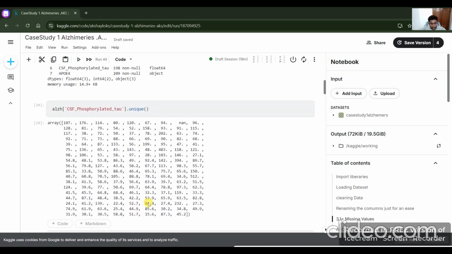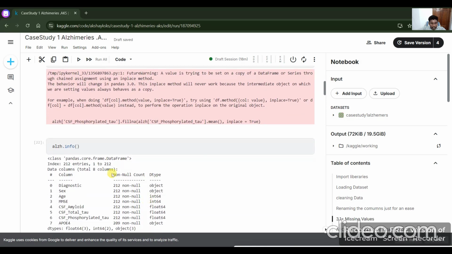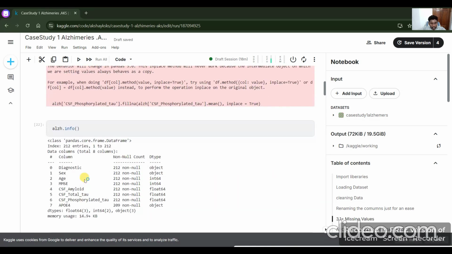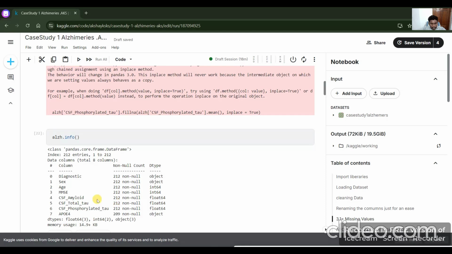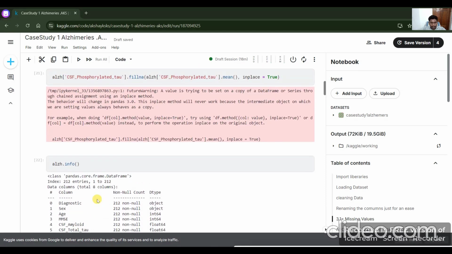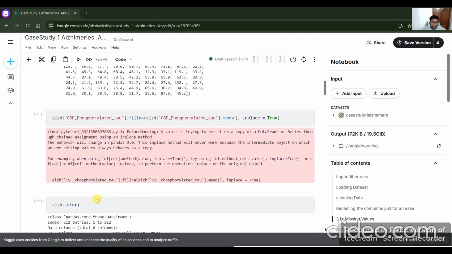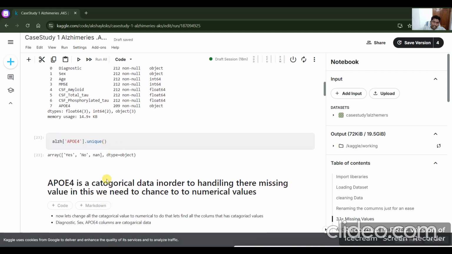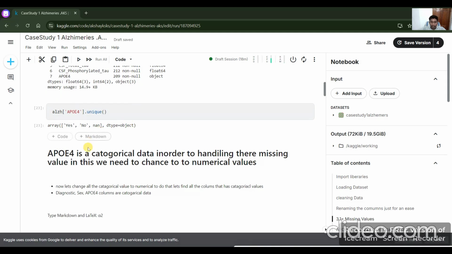Phosphorylated unique we can find, and then mean value, find range, these three values are obtained. After APOE4 unique we can find the dataset APOE4 is categorical data. In order to handle the missing values we need to change it to numeric values.